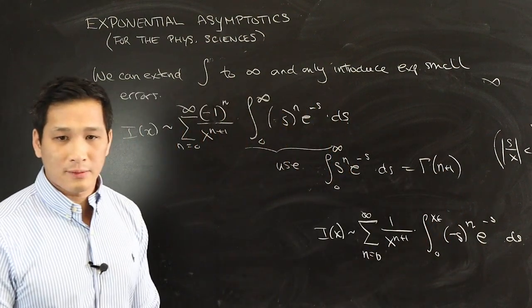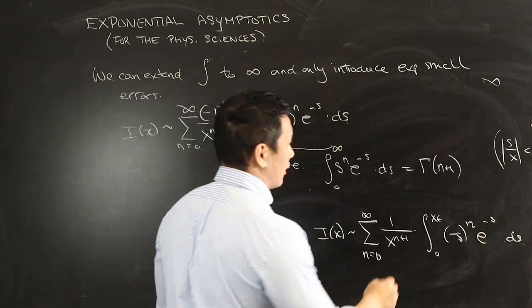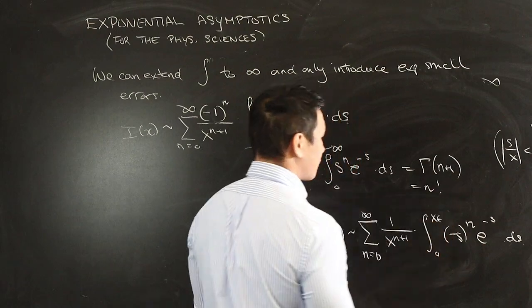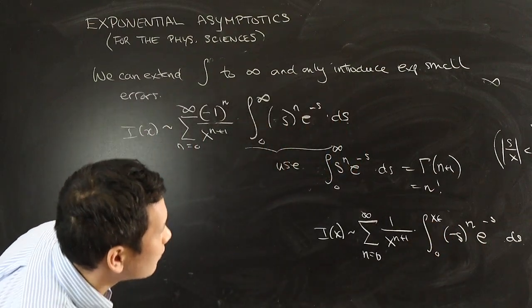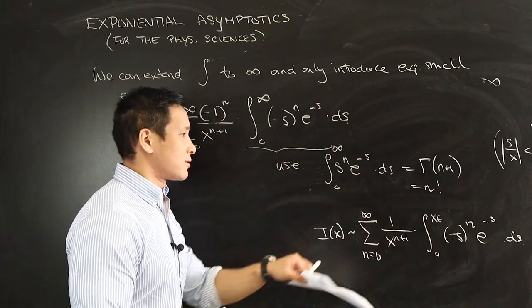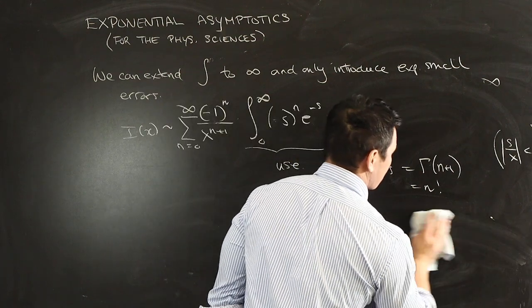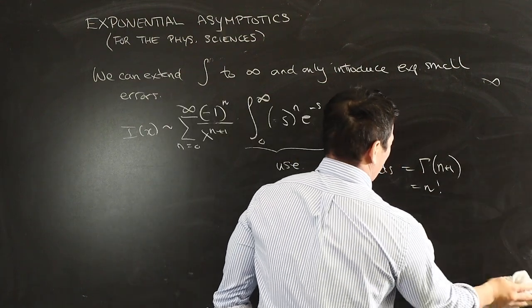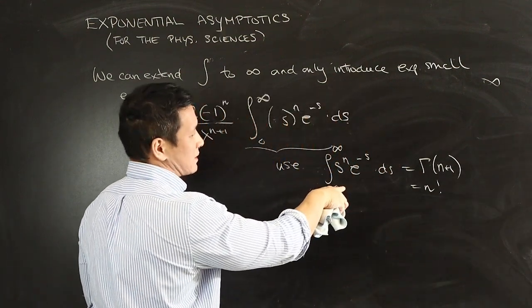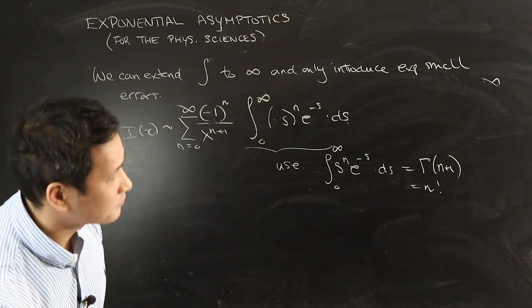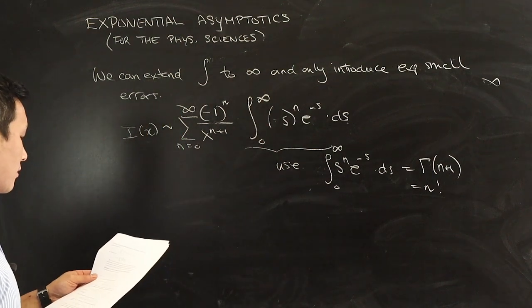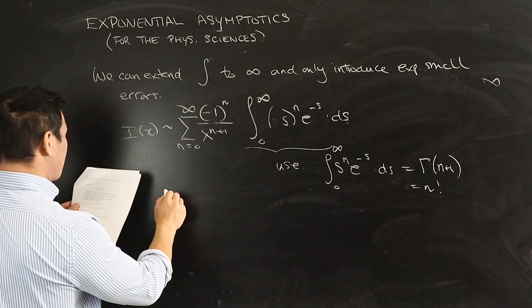You still see that? Yeah, it's not off screen. And then this is basically n factorial. This is kind of just by definition. This is the name of that special function. You can't really simplify it any further than that. But that basically gives you the full expansion.